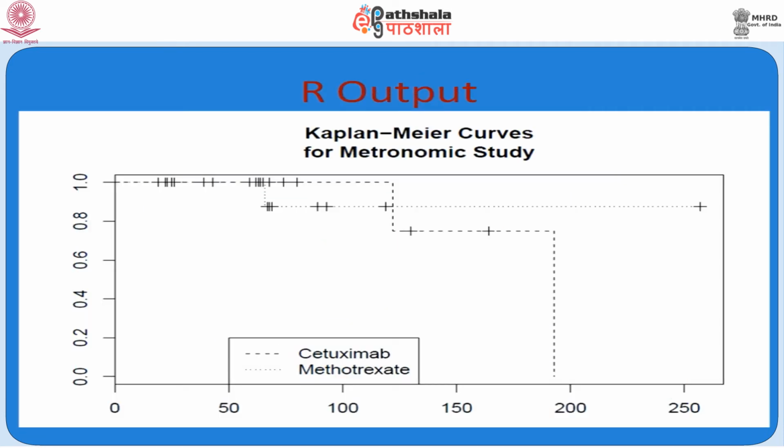See, both curves started from survival with probability 1 as given on the y-axis, and after a certain time, around 50 plus days, around 60 days, the cetuximab arm suddenly jumps to a probability of around 0.9, and thereafter it followed for 250 days, whereas the other arm, the cetuximab arm, dropped around 120 days and thereafter it followed and stopped at nearly 200 days, that is 193 days.